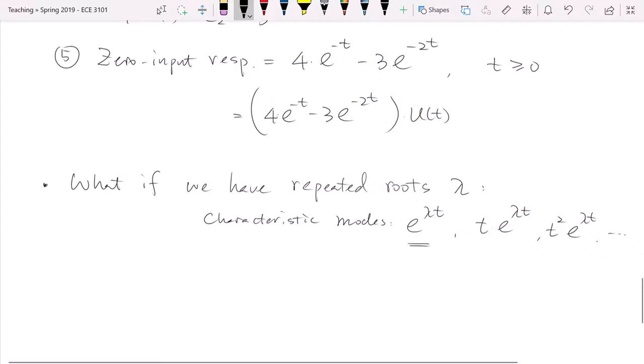If it's repeated once, meaning you have a pair of repeated roots, then you have 2 of them. If it's repeated 3 times, then you continue with 3 of them. And this is the only difference compared to the others. You're still going to assign C1 and C2 to them, but taking the derivative of these will require a slightly more complicated procedure compared to the single one.